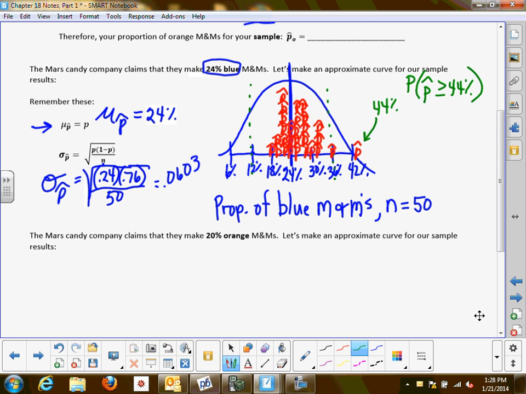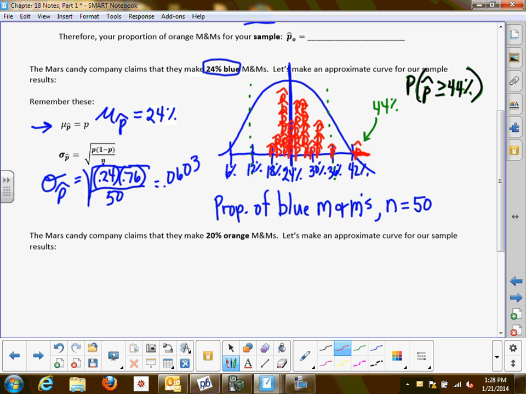Okay, and so look at how this notation is. It's important that you understand what this writing means. What's the probability that you get a sample proportion greater than or equal to 44%? So that means I want to figure out this little shaded area, that and above.